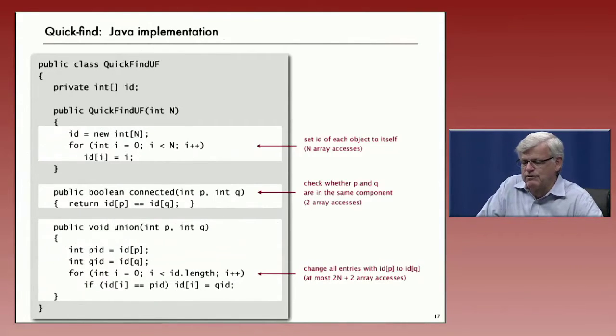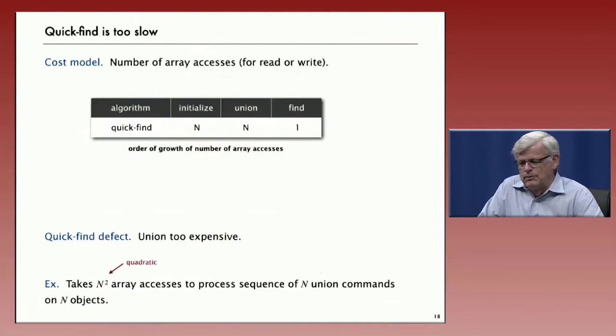That's a pretty straightforward implementation. And I mentioned that a lot of us would get it wrong. The mistake we might make is to put ID of P here rather than first picking out that value. And you can think about the implications of that. That's an insidious bug.